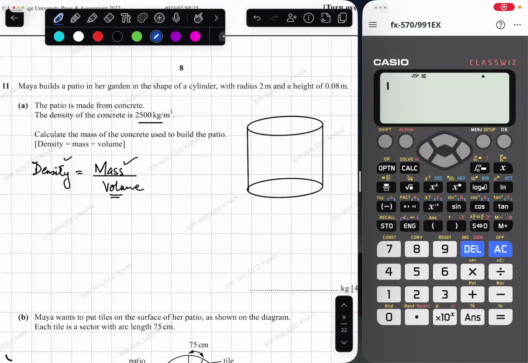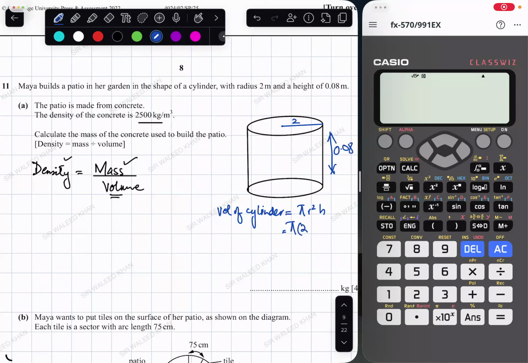That will be the volume of cylinder. Pi r square h. Okay. They have given us that the radius is 2 meters. The height is 0.08. So this shape doesn't look like the one described. Okay, I made the height more. It's just a random drawing.